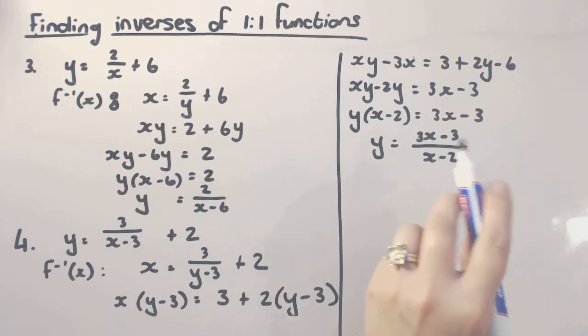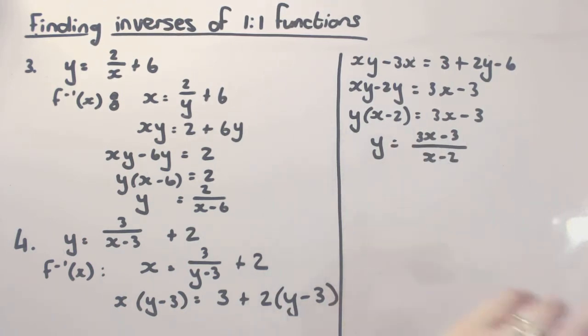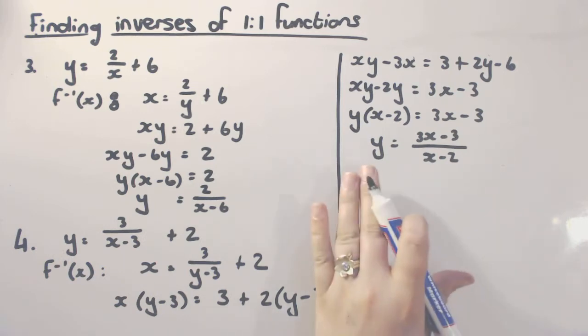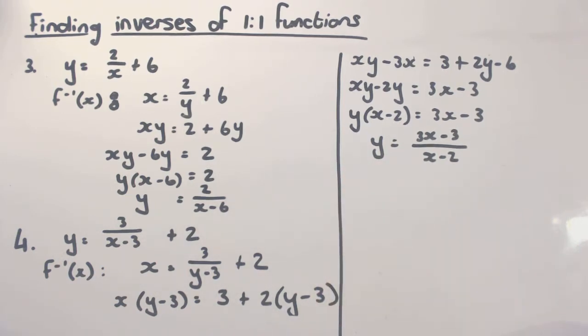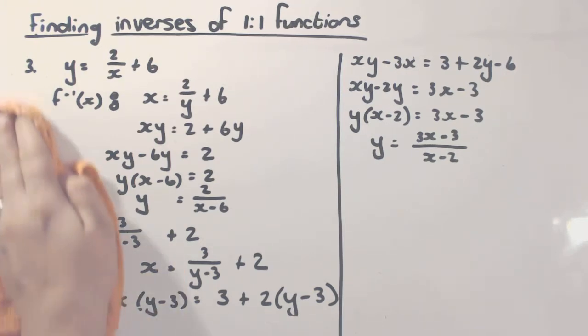Alright, and this is a bit of a complex equation, but you can really just leave it like that. As long as you have y alone, that's all you really want to do. Right, okay, so that's the inverse of my function. That's how that works.